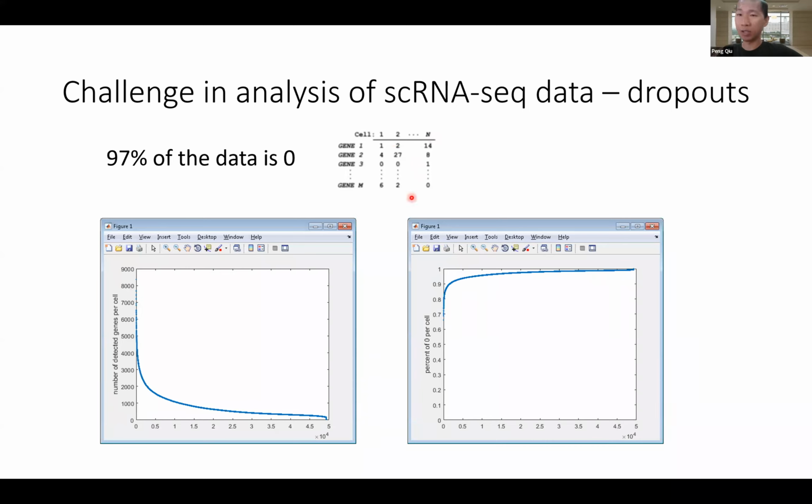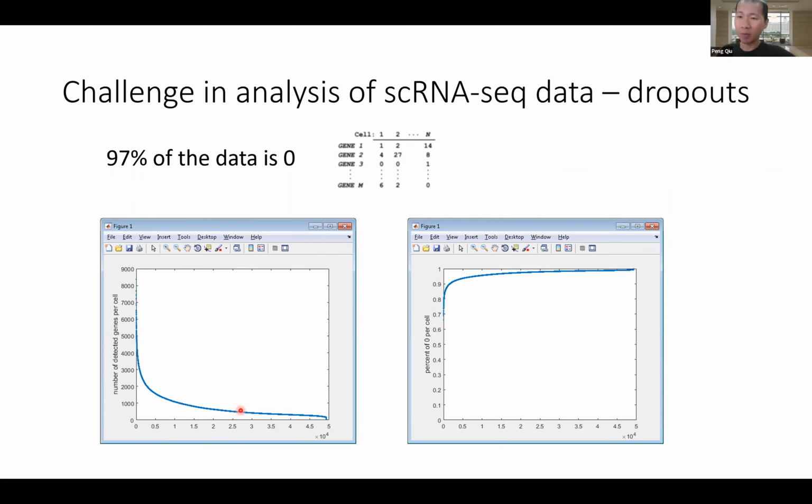So when we look at this matrix, 97% of the entries in this matrix are 0. And if we look at, for example, the number of genes detected per cell, for some cells, the number of genes detected can reach as high as 8,000, 9,000.